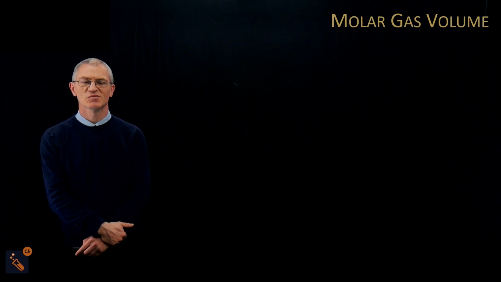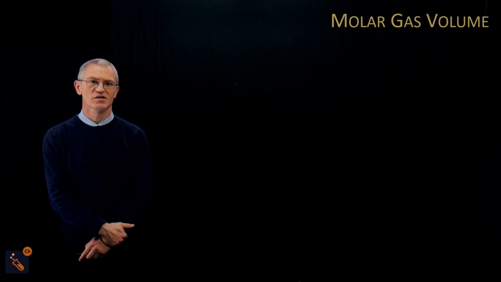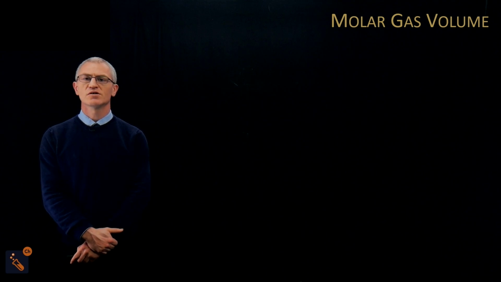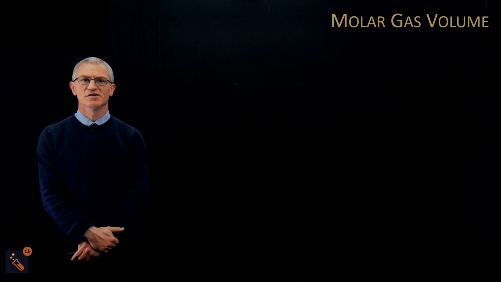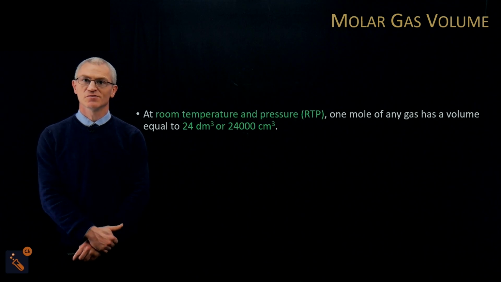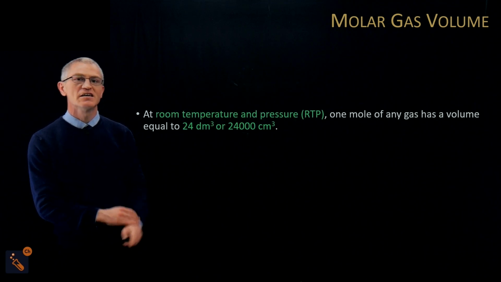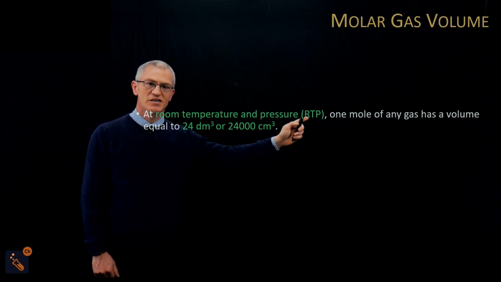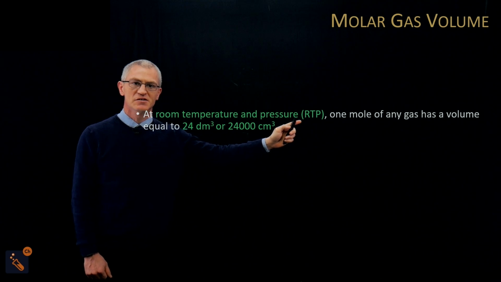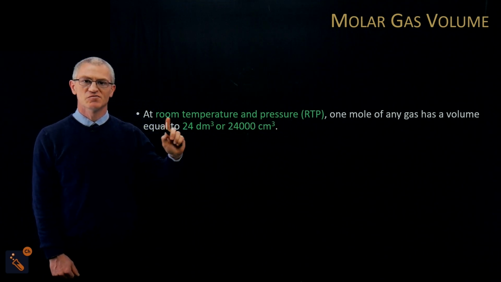So we're going to now look at molar gas volume, and we'll do more videos about this in more detail, but this is merely an introduction. So what is molar gas volume? Molar gas volume is, first of all, 24. What it means is, at room temperature and pressure, which is RTP, if you see RTP, that means room temperature and pressure.